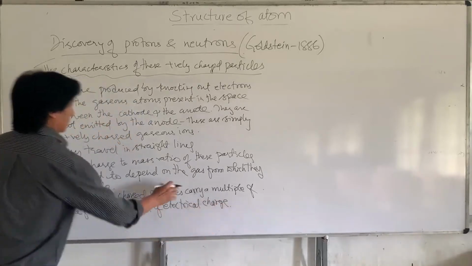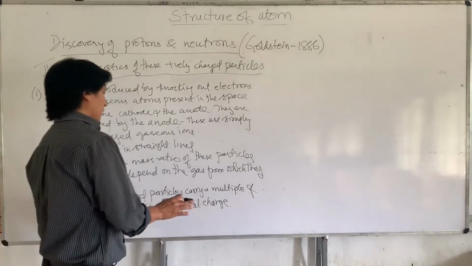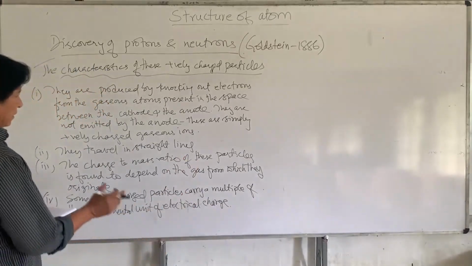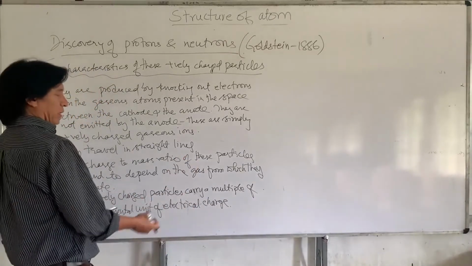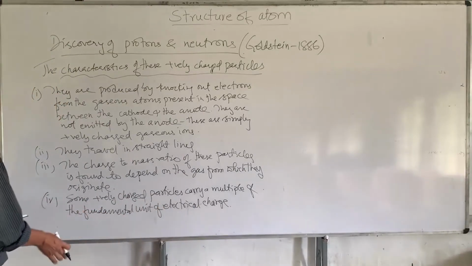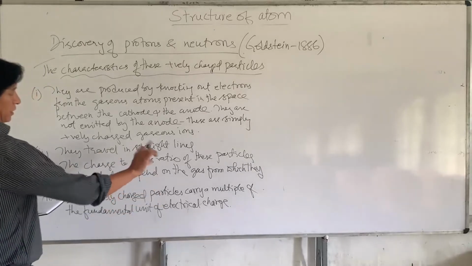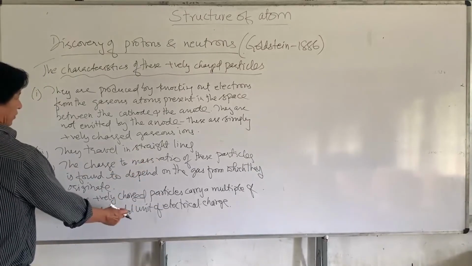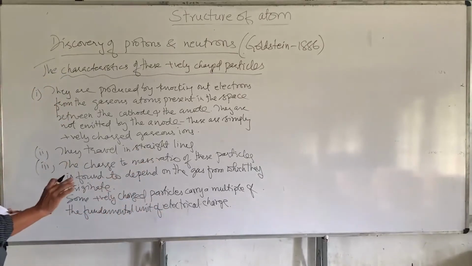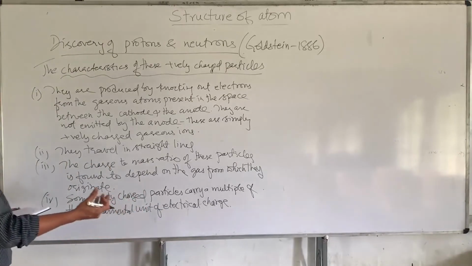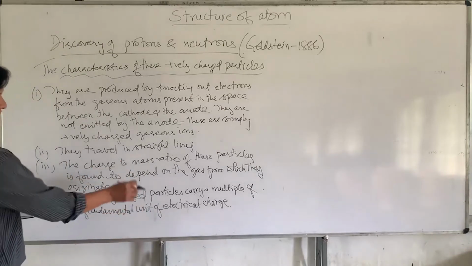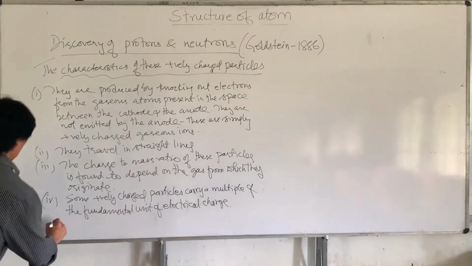So the charge on these positively charged particles is not the same, it varies. Sometimes it is a multiple of the fundamental unit of electrical charge, in the sense that it is 2 times the fundamental unit of electrical charge in the case of some gases. In some cases it is 3 times that fundamental electrical charge, and so on.